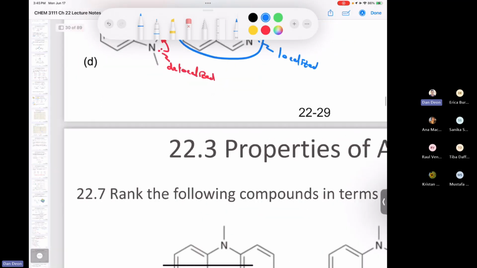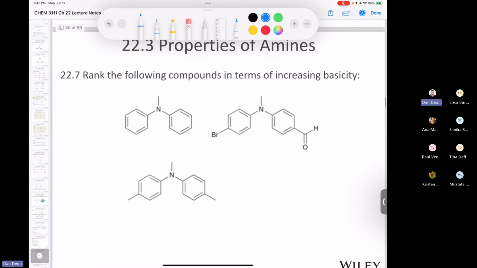There we have it. If we're thinking about ranking these in terms of increasing basicity, if I put a lone pair here, here, and here, we can see they all have one methyl and two aromatic rings. But on this one and this one, we have an electron withdrawing group. On this one, we have no substituents, but methyl groups are electron donating groups, so they donate electron density this way.